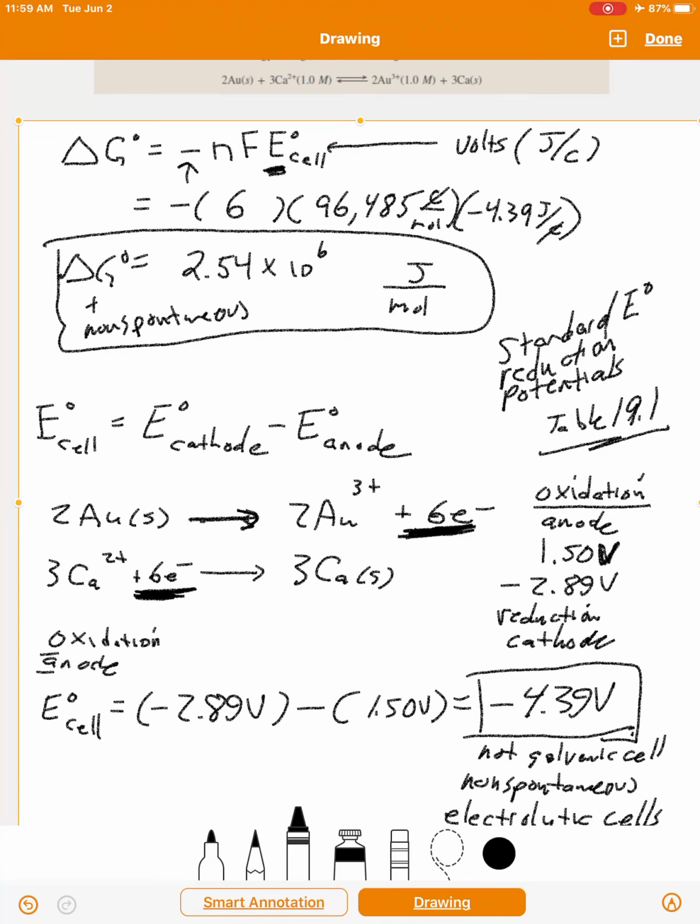Whatever this happens to be, positive or negative, because you're multiplying it by this negative here, it's going to change the sign there. Okay? Now, if you want to convert it to kilojoules per mole, that's perfectly fine. You would just divide it by 1,000, and you'd get 2.54 times 10 to the 3 kilojoules per mole. Again, it's positive. It's non-spontaneous. We would have to put energy in to make this reaction occur.